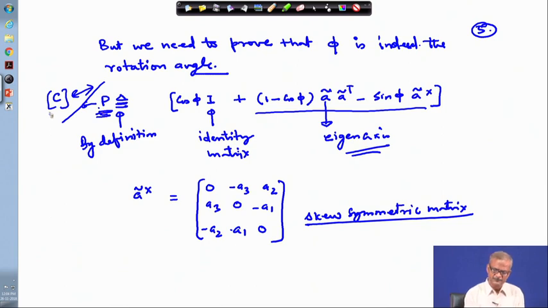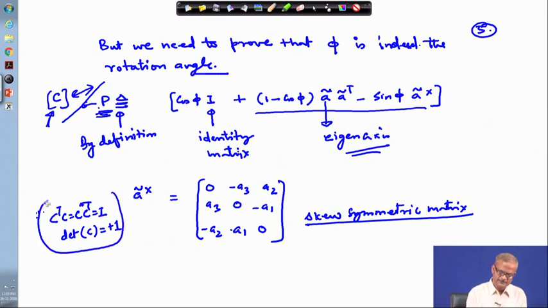So, already we have looked into the rotation matrix properties. Therefore, if this is representing rotation about the eigen axis by angle phi, this P matrix must satisfy the properties of the C matrix, where C times C transpose equals I, and also the determinant of C equals plus 1. So, this must be satisfied.